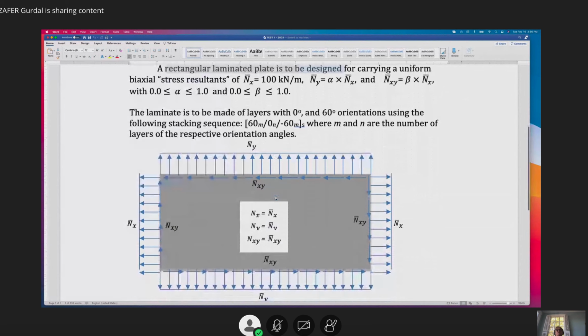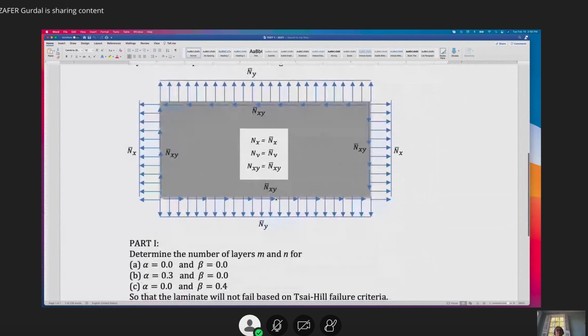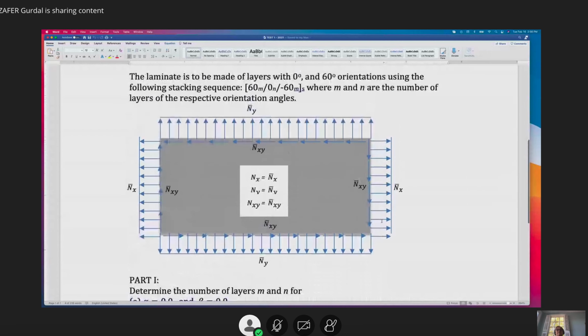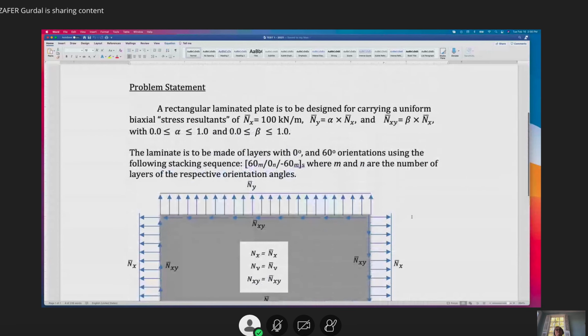But later on I'm going to specify alpha and beta to be 0 and 0.3 for case B, and 0 and 0.4 for case C. So there are 3 cases that this plate should be designed for. So three little design problems. Once you solve one, then you should implement the same procedure for case B and case C.